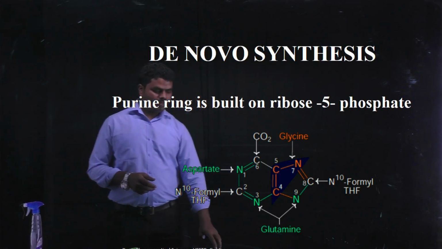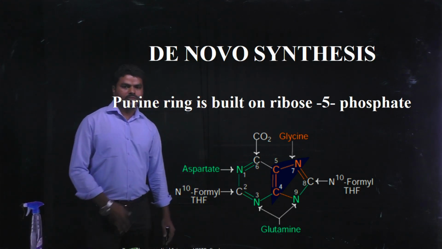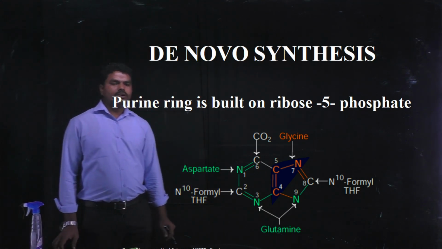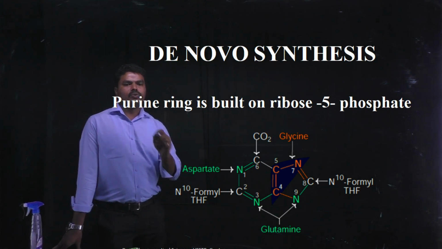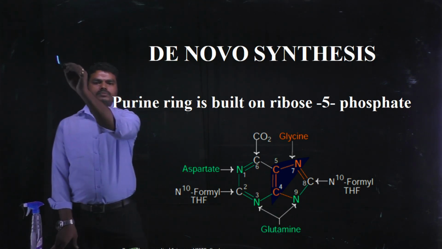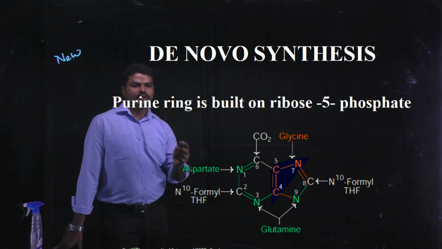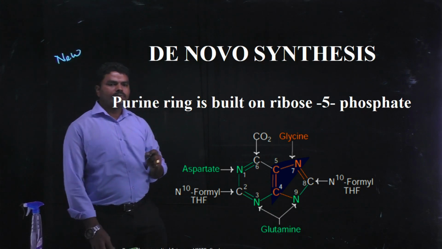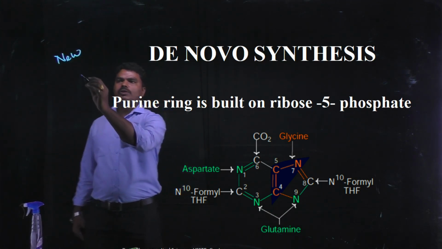Next, we'll see how de novo synthesis produces the purines. De novo generally means new, so it is a new synthetic method of the purines. That means a new purine molecule is synthesized.